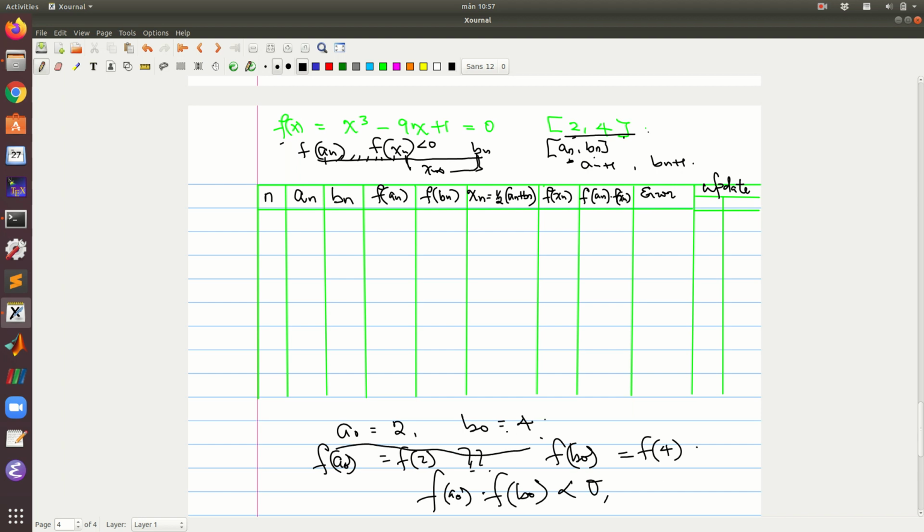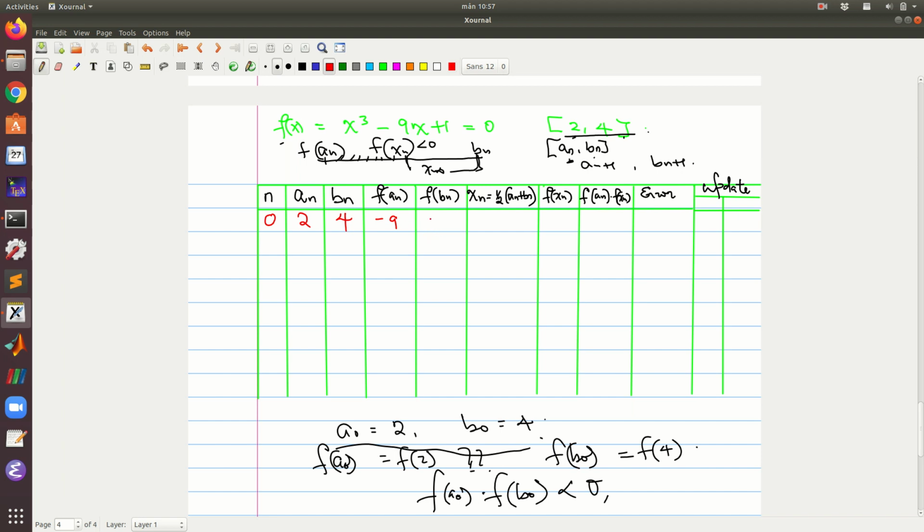All right, let's start off. So n is 0, a naught is 2, b naught is 4. f of an is f of 2. Please check that these are correct. I computed them before we started because I make so many mistakes.